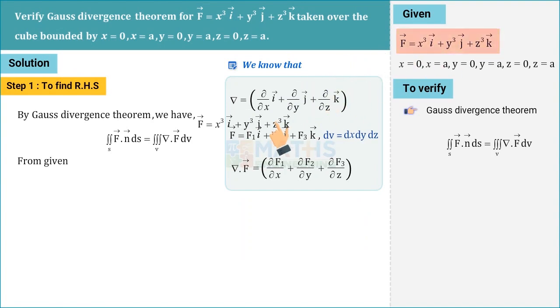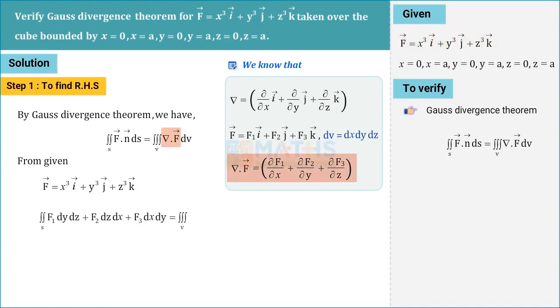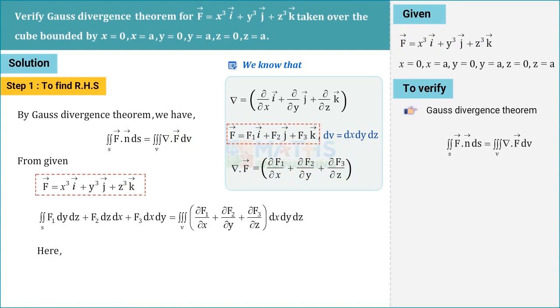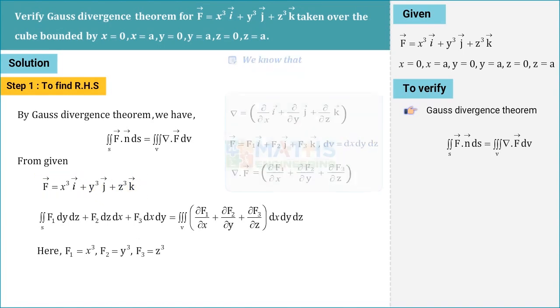Let's start from the given F vector value. Our right hand side is triple integral over V del dot F vector dV. That is equal to, we replace del dot F vector value and dV value. From F vector, what is f1? f1 is x cube, f2 is y cube and f3 is z cube.